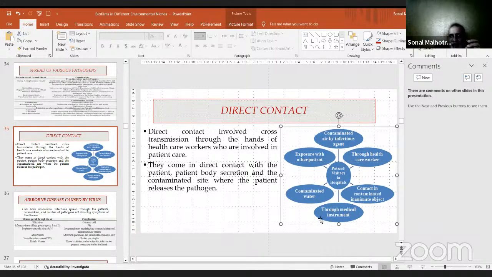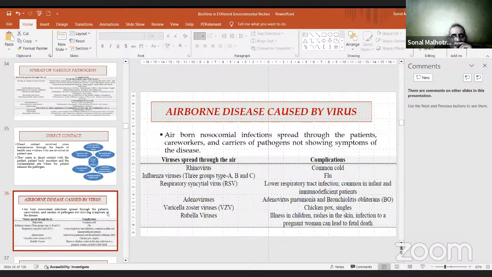Through medical instrument, contact with contaminated inanimate objects, like you're touching a doorknob or something like that. So this can happen. I mean, all of these slides have been prepared very carefully because for each of these events, I've gone back and done some research. So I have papers that discuss that. So then this is airborne disease caused by different viruses that can actually spread diseases, and what kind of disease it is.